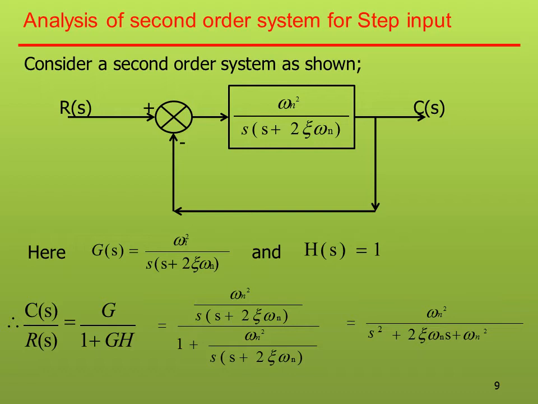So G is here omega n square divided by s into bracket (s plus twice zeta omega n), divided by 1 plus omega n square upon s into (s plus 2 zeta omega n). So that becomes omega n square divided by s square plus twice zeta omega n s plus omega n square.